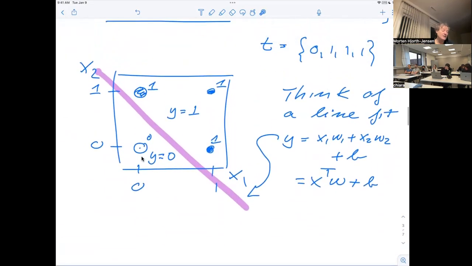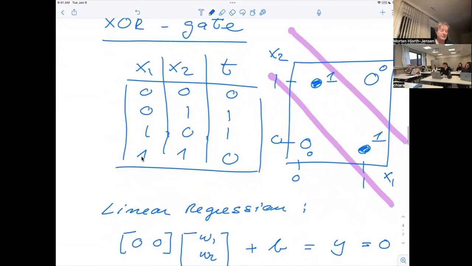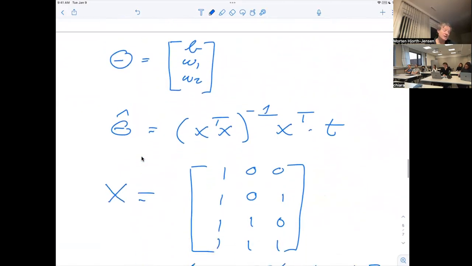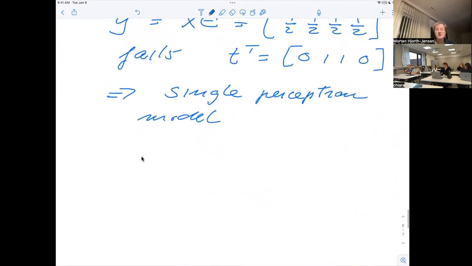In the OR gate, and you will also see that if you deal with an AND gate, you could actually think of fitting just a line which separates the two types of observations. So when we get something which does not have this clear linear behavior, then this simple perceptron model, which we have adopted, essentially becomes the same as the classical linear regression or logistic regression.